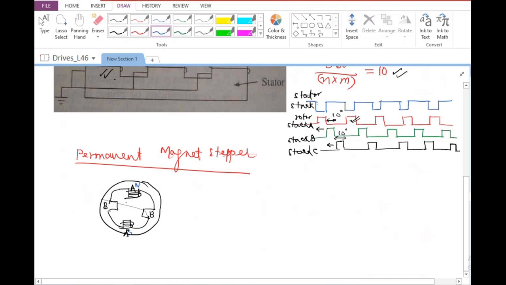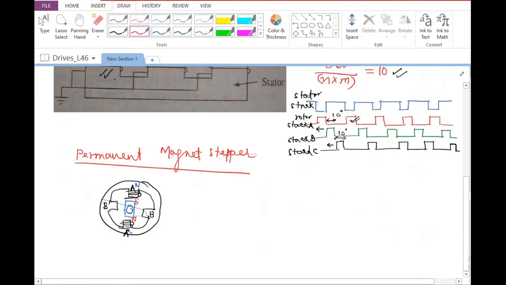And I'm going to have a permanent magnet sitting like this, and the shaft is somewhere here. So let us say the permanent magnet is such that this is the South Pole and this is the North Pole.